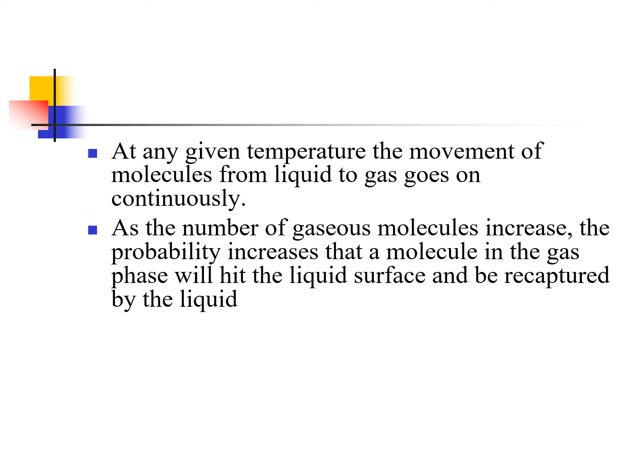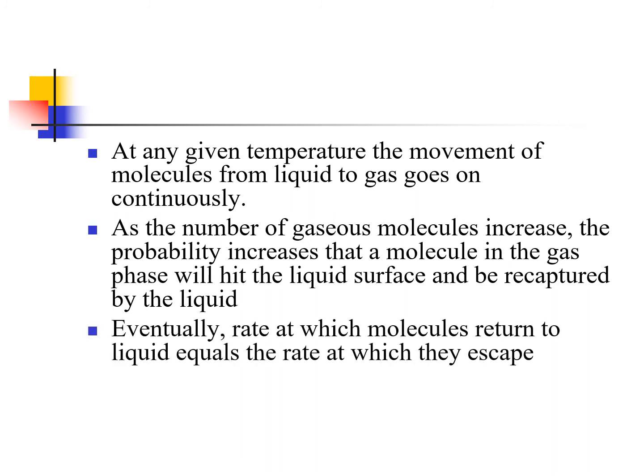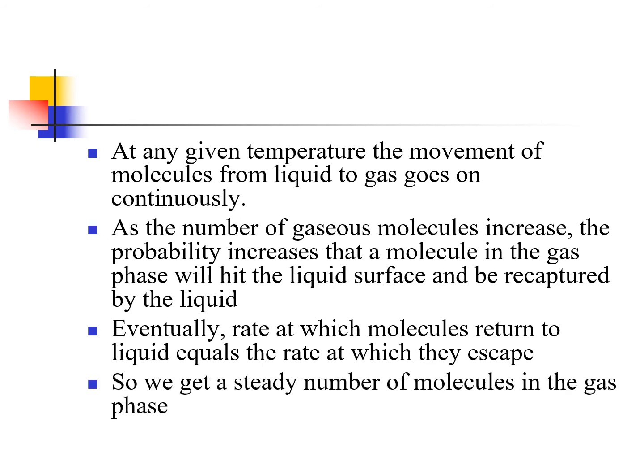They give some of their energy to the molecules in the liquid, so they lose energy, and then they're recaptured and they're a liquid again. So eventually you reach this dynamic equilibrium. The rate at which the molecules return equals the rate at which they escape. And so you end up with a steady, constant number of molecules in the gas phase, which leads to a steady pressure.